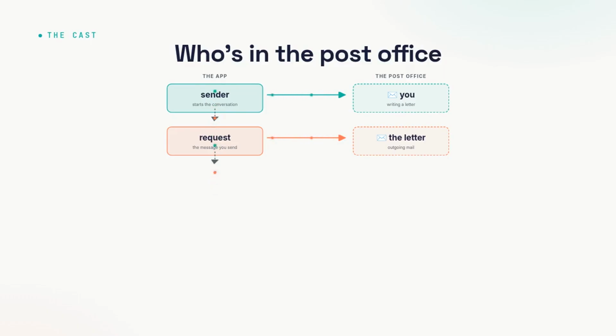It keeps going, all the way to the other end, until it reaches the server, the sorting facility that processes it and sends a return letter back. Here's the key pattern. The sender starts every conversation, the facility just answers. That's literally why it's called a server. It serves.